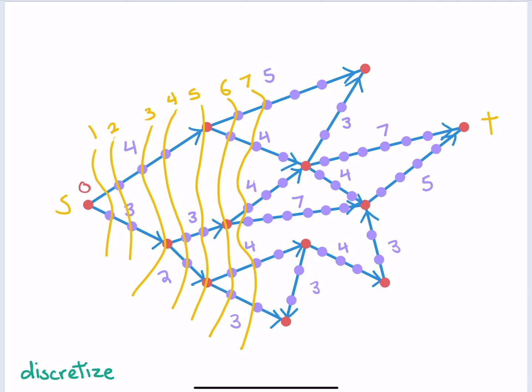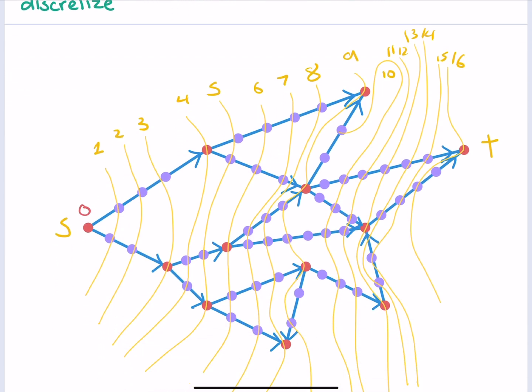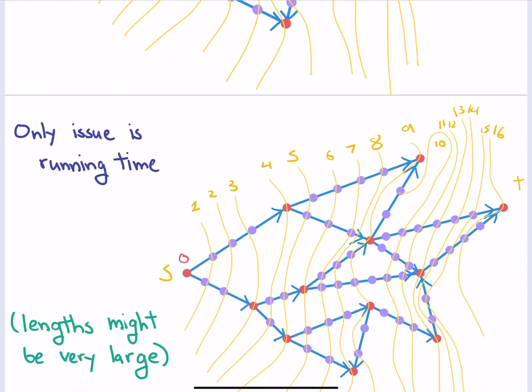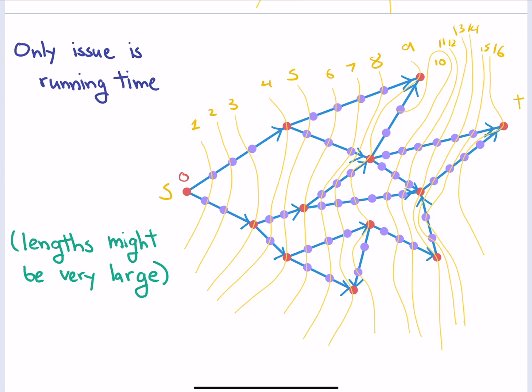What is the drawback to this otherwise kind of conceptually clean reduction? Runtime. So what happens to the runtime? Right, so, well, I guess I did all of them. Here those edge lengths were pretty modest, like the biggest one was 7 or something. But you only need log n bits to describe a number as large as n, right?